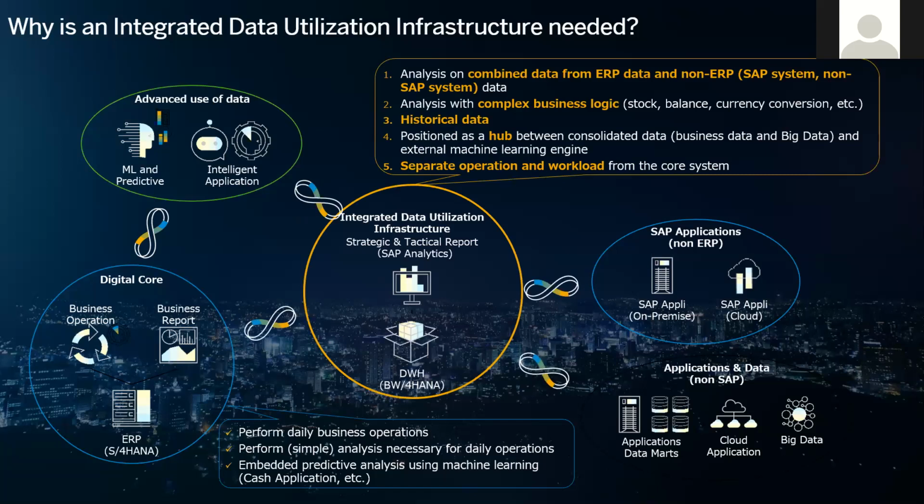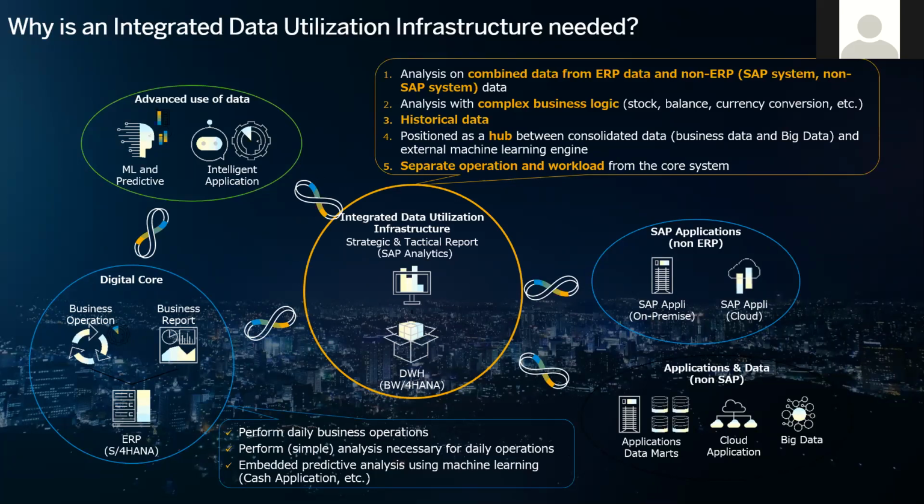Now, what do we mean by an integrated data infrastructure? Now, with all of these applications surrounding us, we require a place where we can combine all of this data. There's a place where we can now do a complex business analysis, such as, for example, currency conversions for those companies that have entities in different countries, a place where you can have a view of your historical data against your actual data.